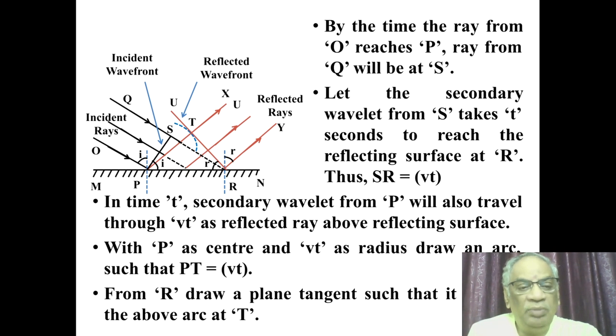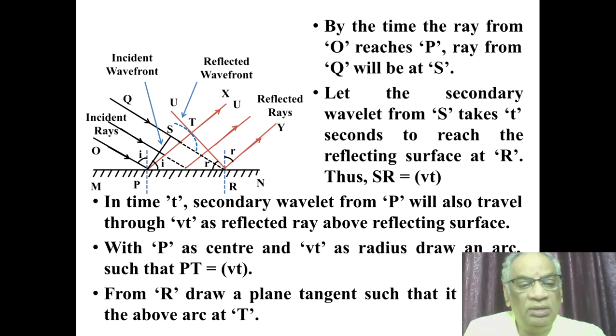Then, with P as center and vt as radius, draw an arc such that PT is equal to vt. Now from point R, draw a plane tangent such that it touches the arc at point T as shown.